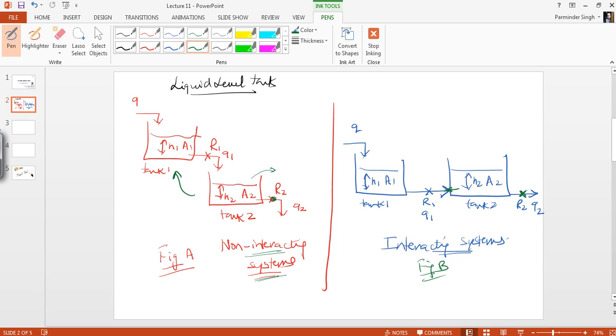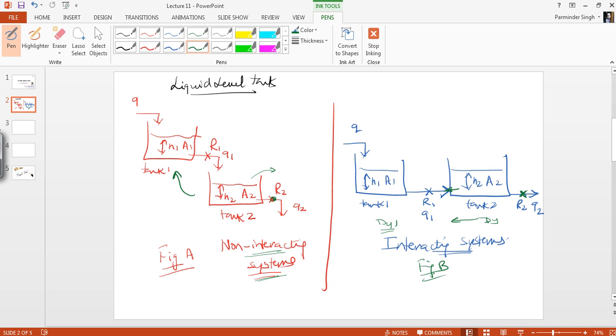So the dynamics of tank 2 affects the dynamics of tank 1. So this type of arrangement is known as interacting. That means indirectly tank 2 will affect my tank 1 dynamics. So there is a very clear difference between non-interacting and interacting systems.